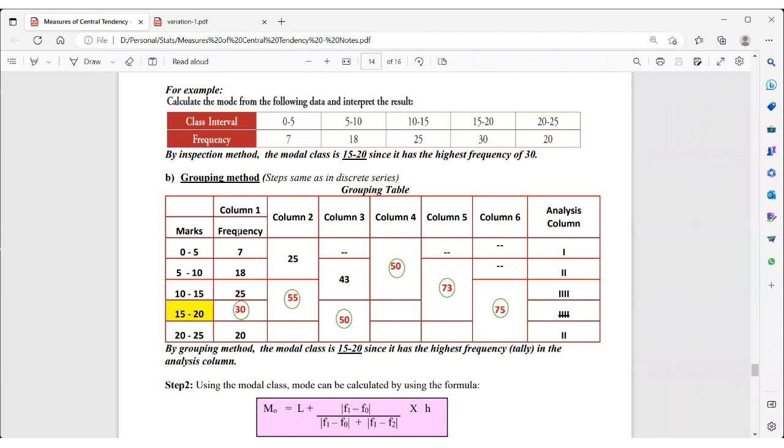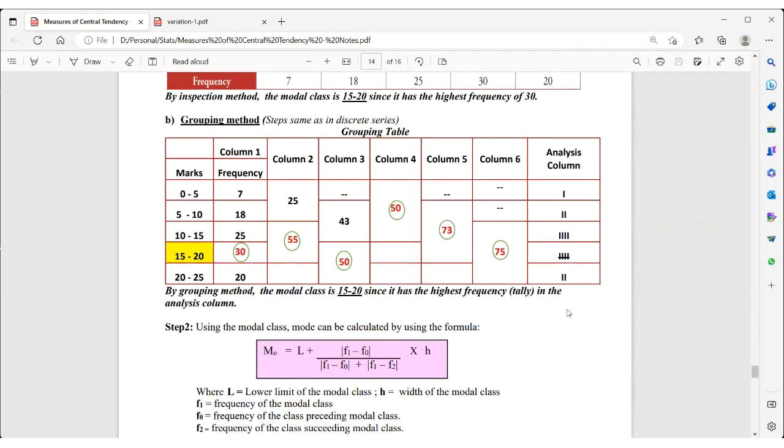Now, for each column, encircle the number which is maximum. In the first column, maximum is 30, encircle it. Similarly, column 2, maximum is 55, then 50, then 50, 73, 75, and so on. Fine? Now, look at this analysis table.